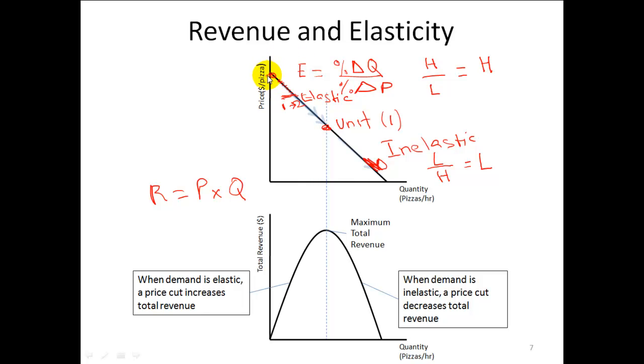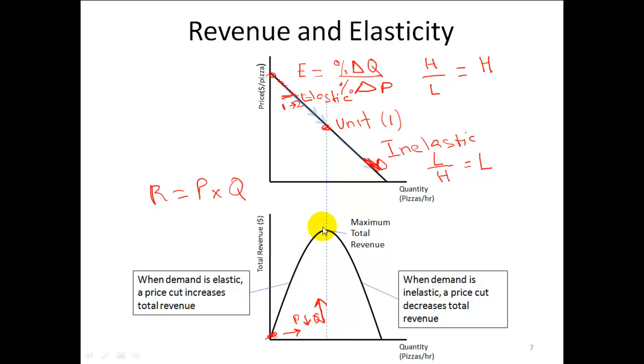If the quantity demanded is 0, then obviously the revenue will be 0. After that, as you move to the right, the price is going down. But since we are in the elastic region, the quantity is going up more than the price is going down, and hence your revenue, which is the product of price and quantity, goes up.